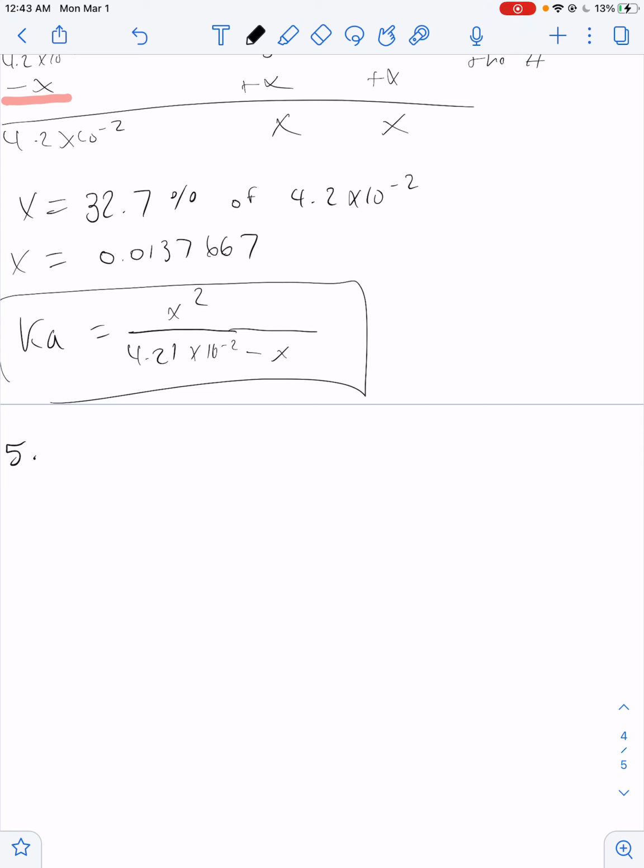Calculate the concentration of OH. Okay. So we have HONH2 goes to H2. Okay, and it gives us the initial concentration of this one.